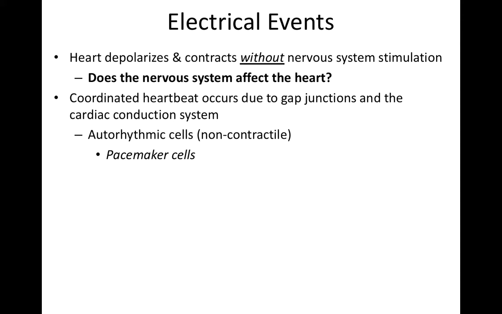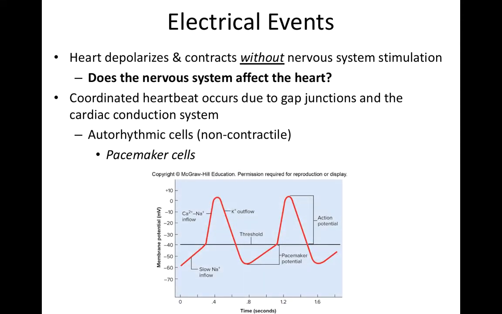So this is a series of interconnected autorhythmic cells. These are non-contractile. They do not contract. Their job is to set the pace for the cardiac cycle. Therefore, we call them pacemakers. They are going to have a non-stable resting membrane potential.